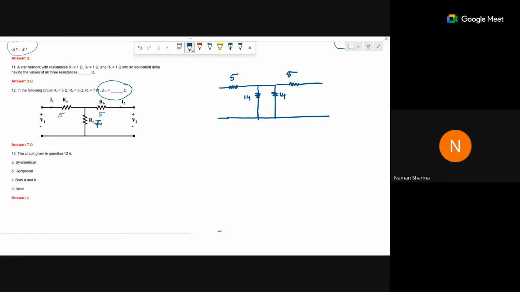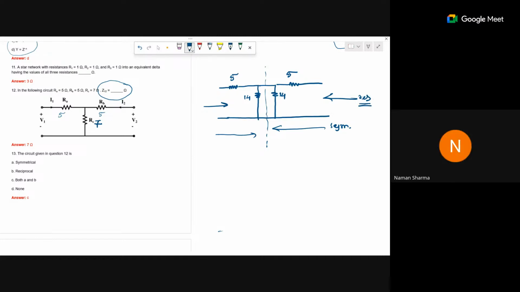No, sir. Now put an axis in the middle. Looking from this side and from this side will be exactly mirror images of each other, so that's why it is symmetrical. And if you look from this side and from this side, both will be exactly equal. That's why it is also reciprocal.